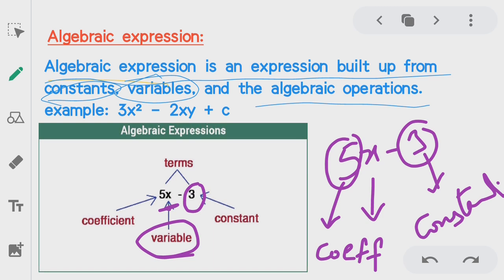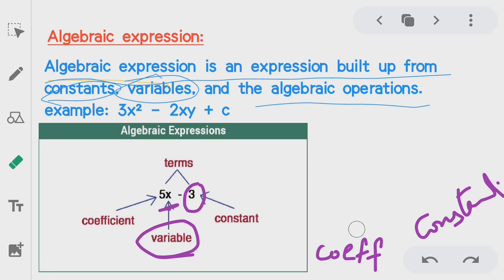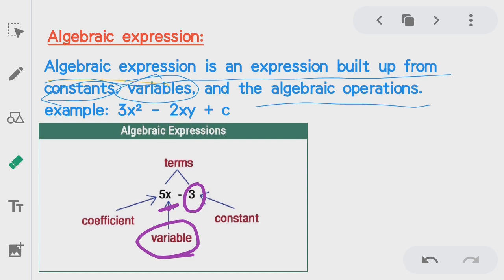Now let us take another example: 3x square minus 2xy plus c. This is the given example.